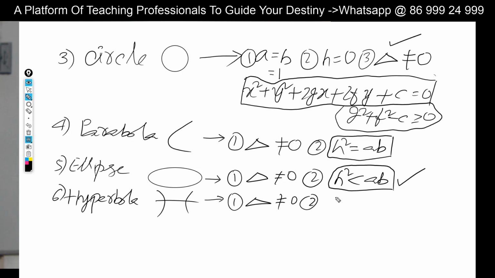Number 2, your h square is greater than ab, which clashes with the pair of lines. That's why I said h square less than ab is a unique condition for ellipse. But for hyperbola, h square greater than ab is there for pair of straight lines also. But what makes the difference? There delta is 0, here delta not equal to 0. This is what you have to understand.